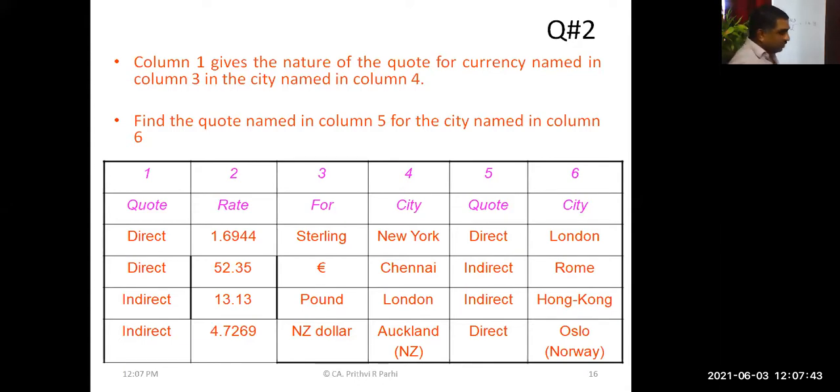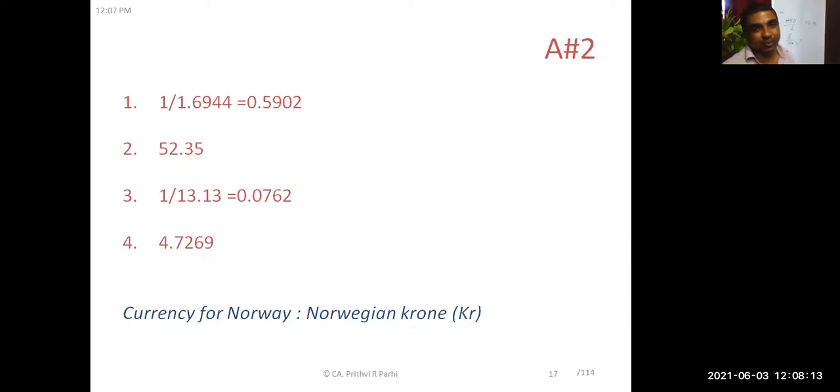Hong Kong indirect code means foreign currency pound by HKD. It is very simple. You can find it out. It is 1 by 13.13. How much is that? 0.0761, or 0.0762. You are getting it?